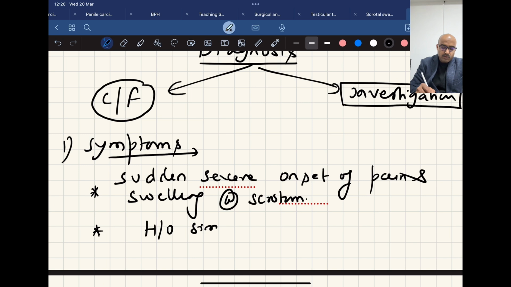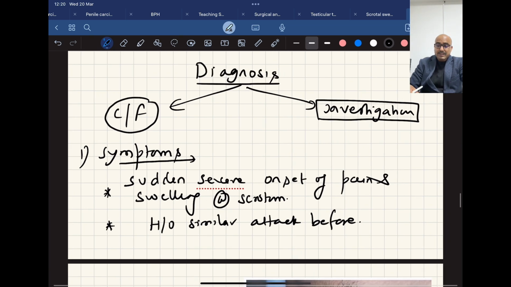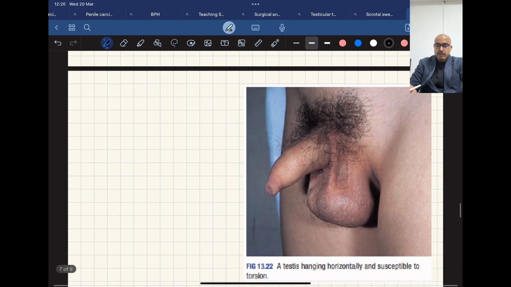Someone will give a history of a similar attack before also.